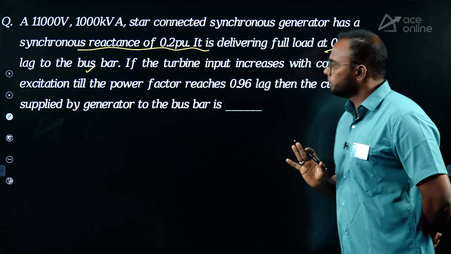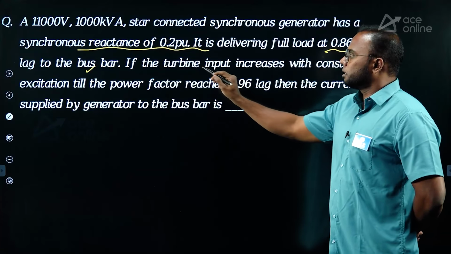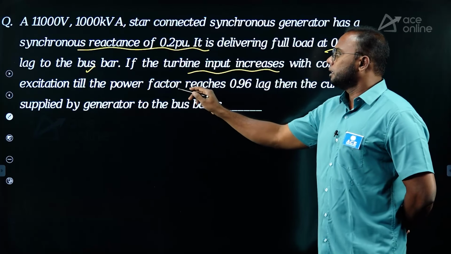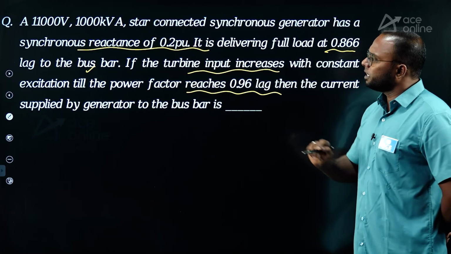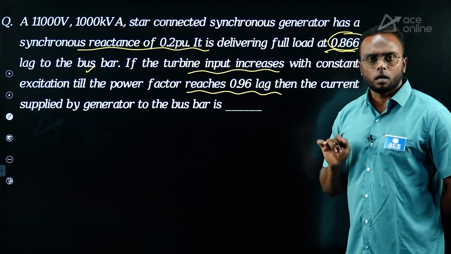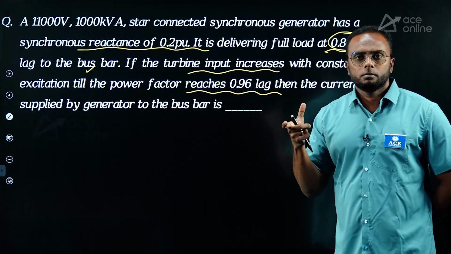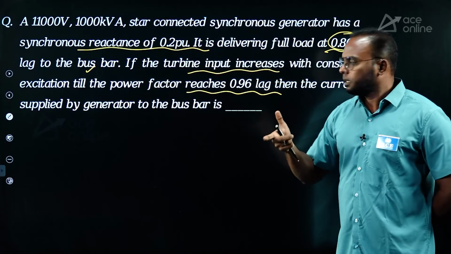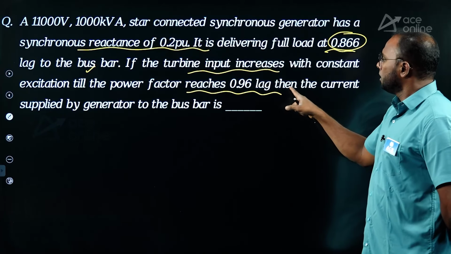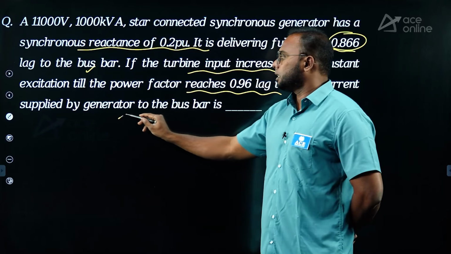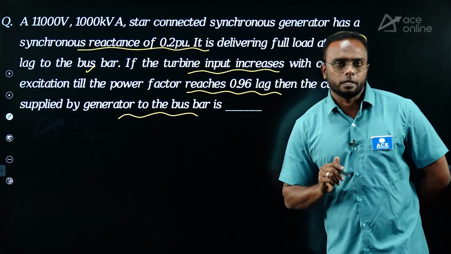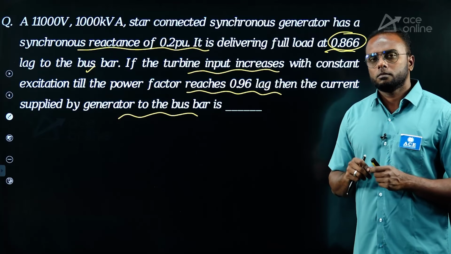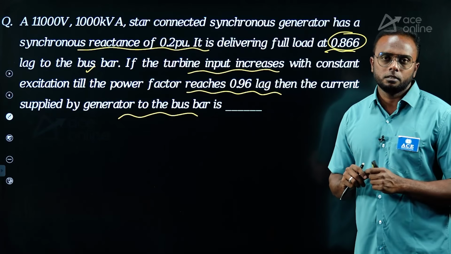If the turbine input is increased with constant excitation till the power factor reaches 0.96, already it is operating at 0.866. Now the turbine input is increased to raise the power factor to this value. So whenever turbine input increases with constant excitation, then the current supplied by the generator to the bus bar or grid. Try to read the question 1 or 2 times again. Whenever excitation is constant, the EMF of the generator or alternator is constant.